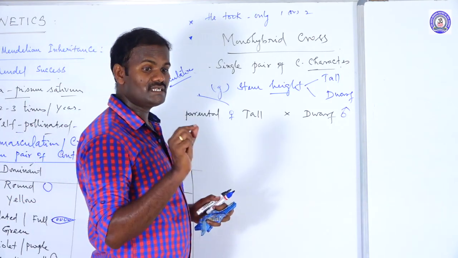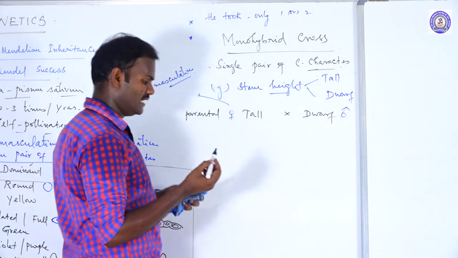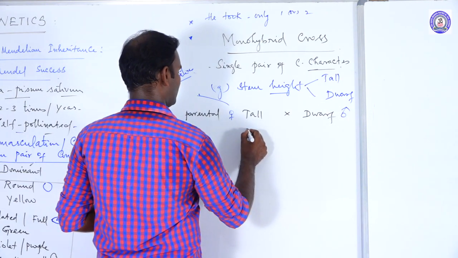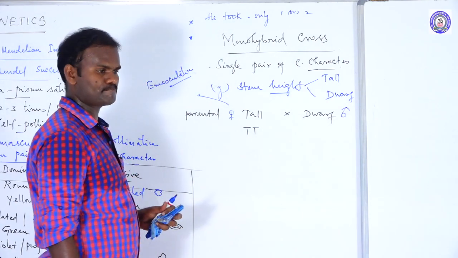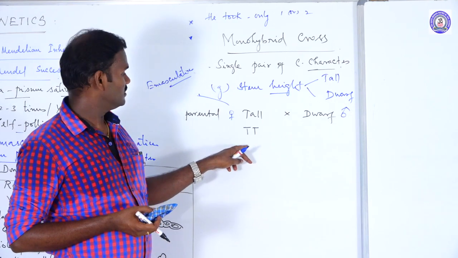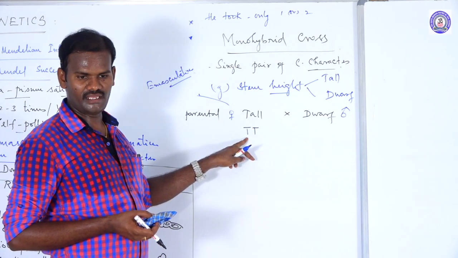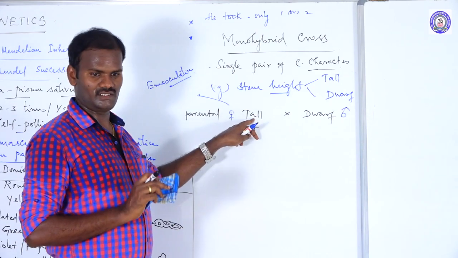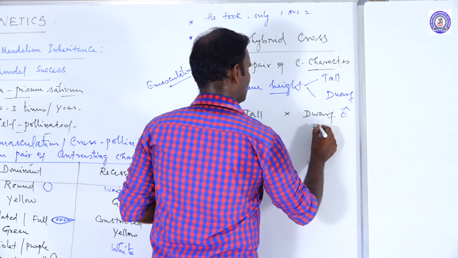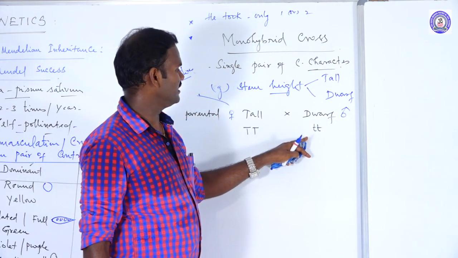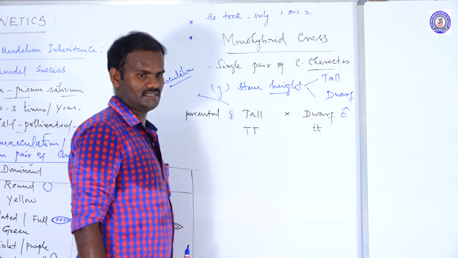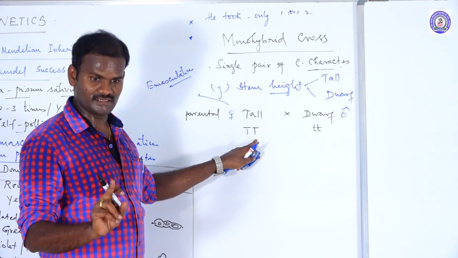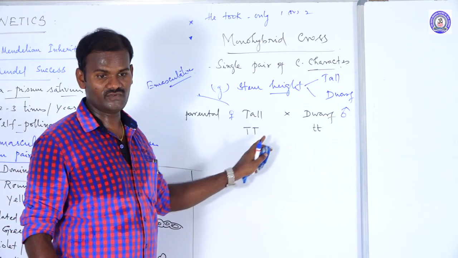So he crossed pure breeding tall with dwarf. Mendel represented tall, a dominant character, by capital T, capital T. Remember, dominant characters are denoted by capital letters, capital T for the tall character, and similarly lowercase or small letters indicate dwarfism, the recessive character. Mendel pointed out that each character is controlled by a pair of factors, which are alleles, and nowadays we call them genes.